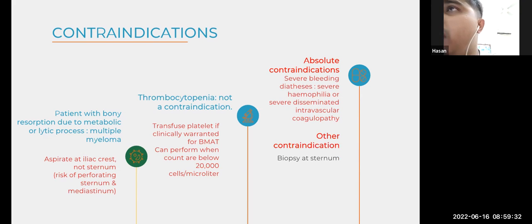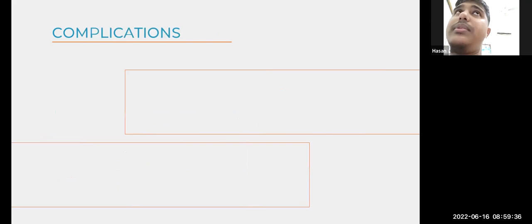Another contraindication is biopsy at the sternum. Some other contraindications can include a patient who is very difficult to control, or who has any anesthesia or severe allergy to anesthesia, then it may be contraindicated.